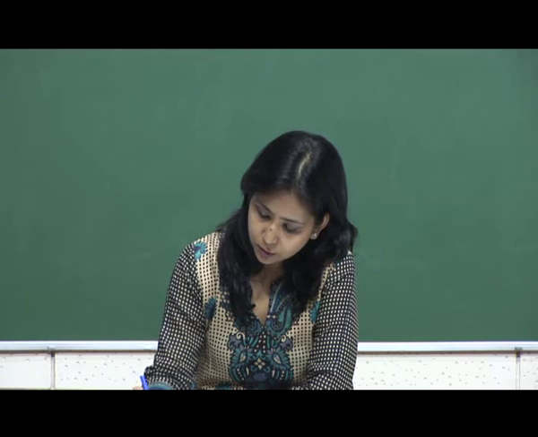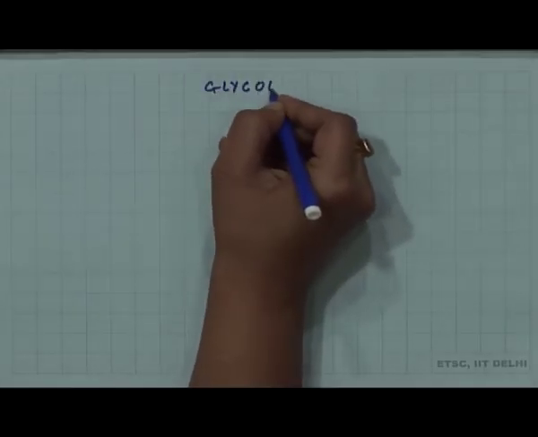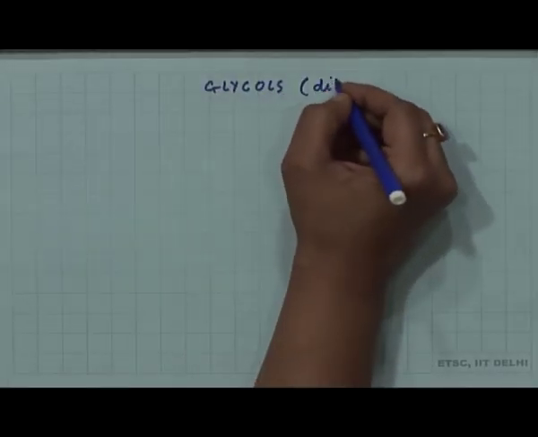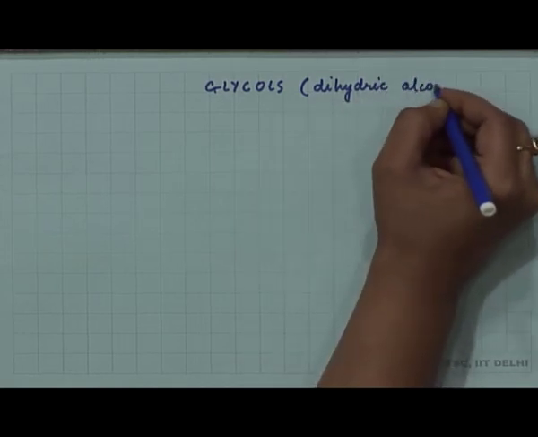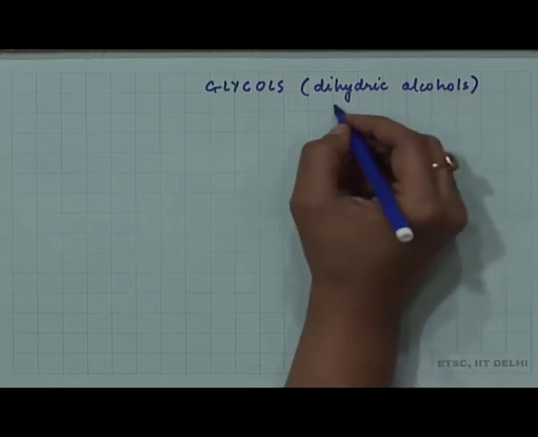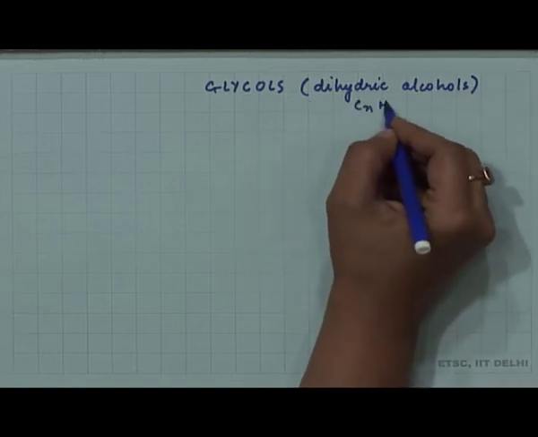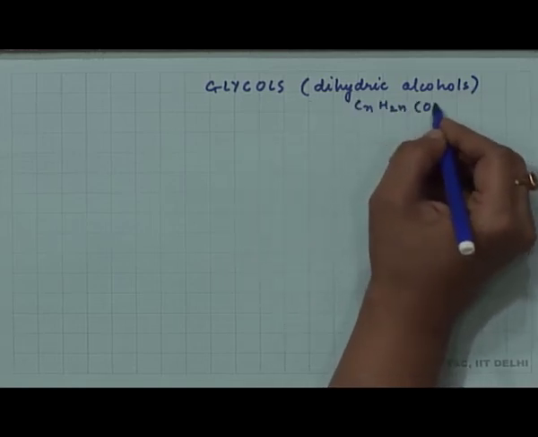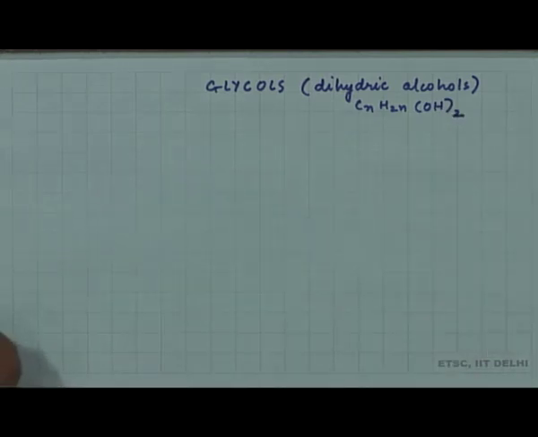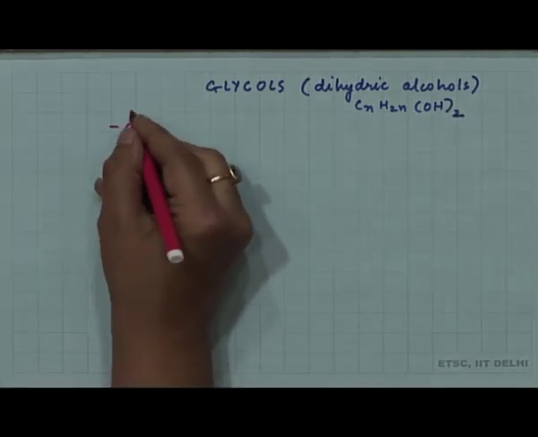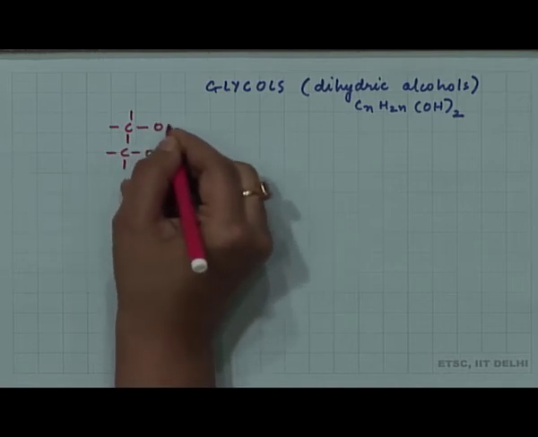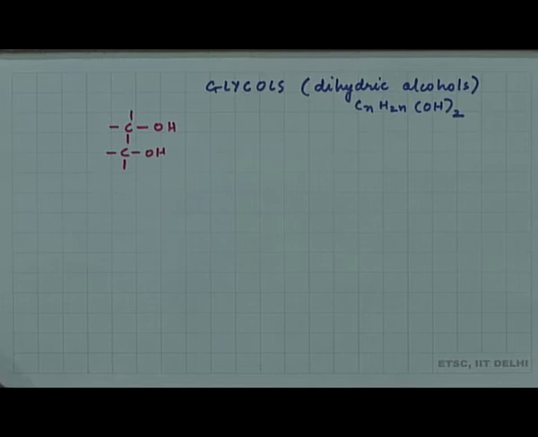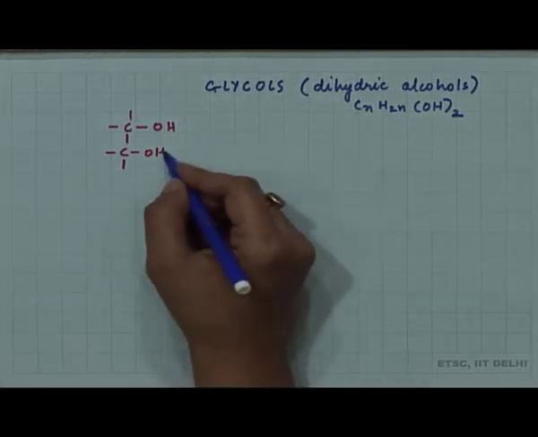Okay, so we start with glycols, which are dihydric alcohols, and the general formula is this. You have two hydroxyls on two adjacent carbon atoms, and we can have different types of these glycols.